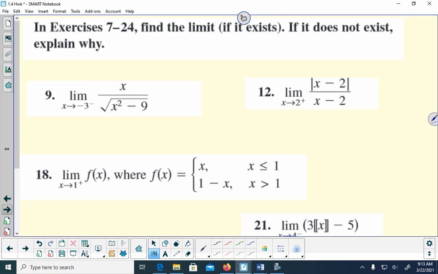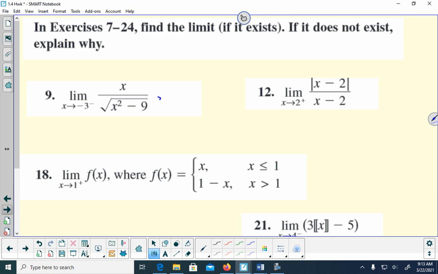Okay, number 9, it says find the limit if it exists. If it does not exist, explain why. So I'm taking the limit as x approaches -3 of x over x squared minus 9. I graphed it. I figured that was the easiest way to do it. It is discontinuous at -3, but it ends up being an asymptote.